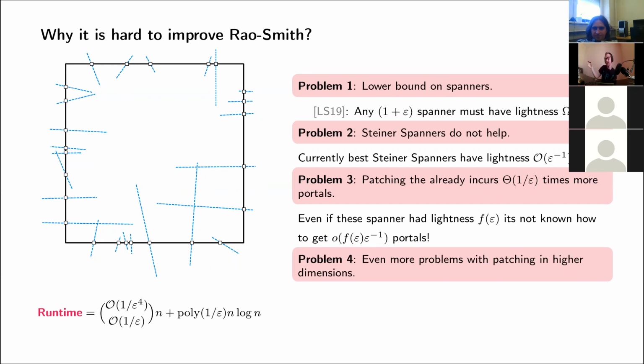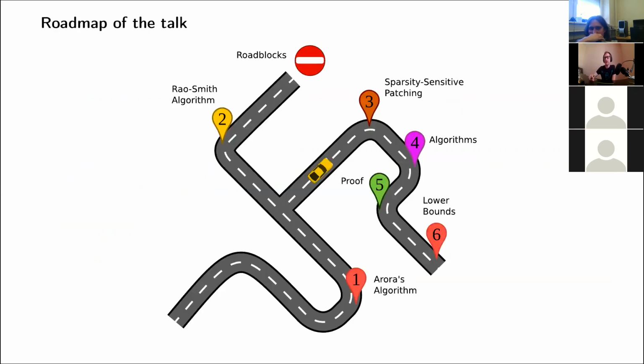You cannot buy the whole line when you are working in 3 dimensions. You have to do something more involved. We had lots of crazy ideas how to deal with it, and nothing works. And we have scrapped that. Now I will tell you the new ideas that we are having. Any questions about Rao-Smith? If you are confused about it, we will basically not use it anymore.